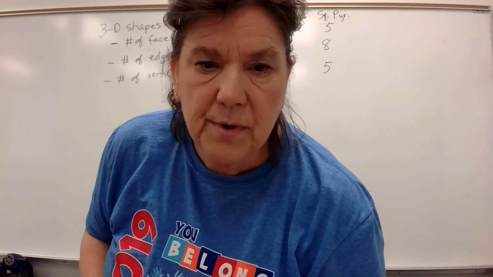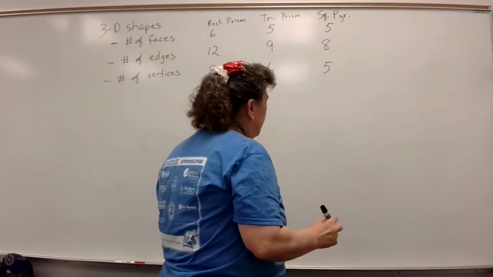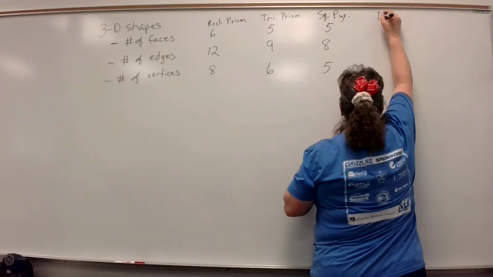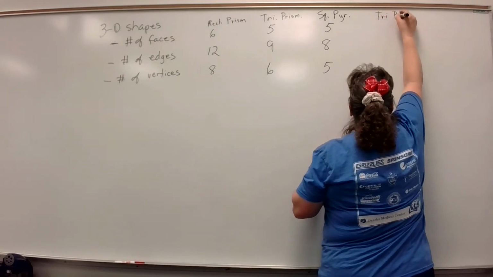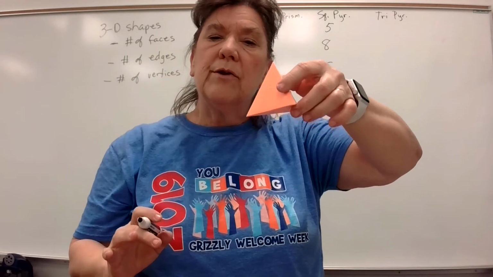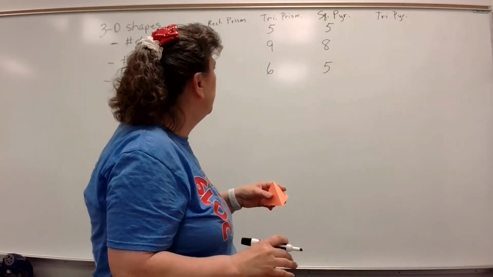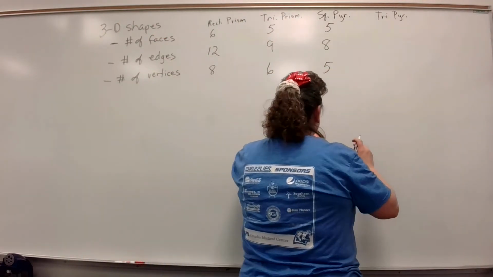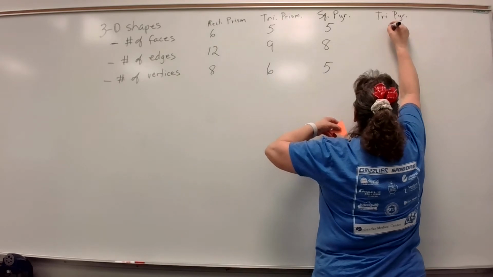Let's look at the triangular pyramid. When we look at the triangular pyramid, you've got a triangular base and then 3 triangular faces going around on your triangular pyramid. So that makes 4 faces.